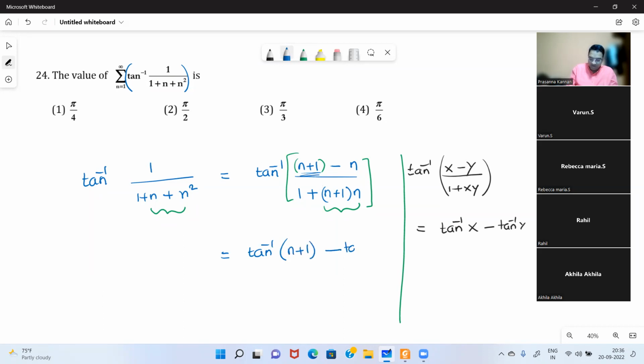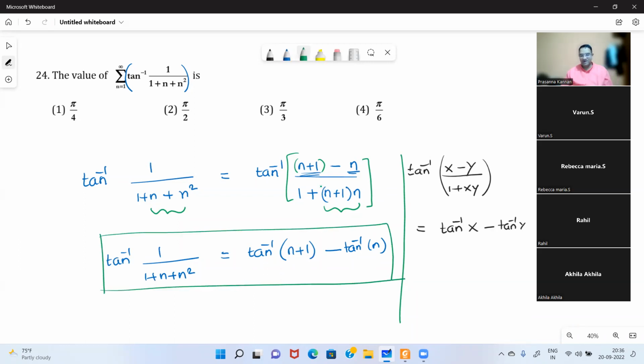And y is n. So tan inverse of 1 by 1 plus n square can be written as tan inverse of n plus 1 minus tan inverse of n. This is very important. Have you understood this? Very good. Then we can just write it in the question. So you just take it down till here and then we will continue.